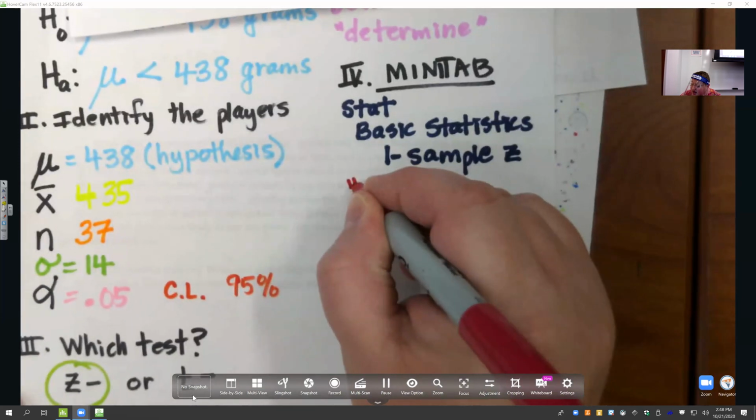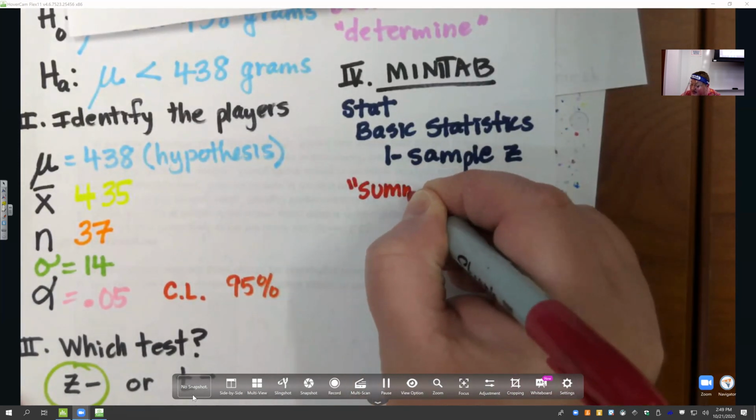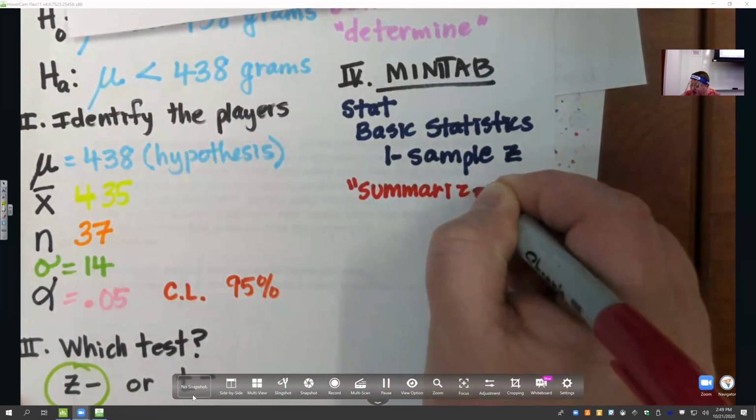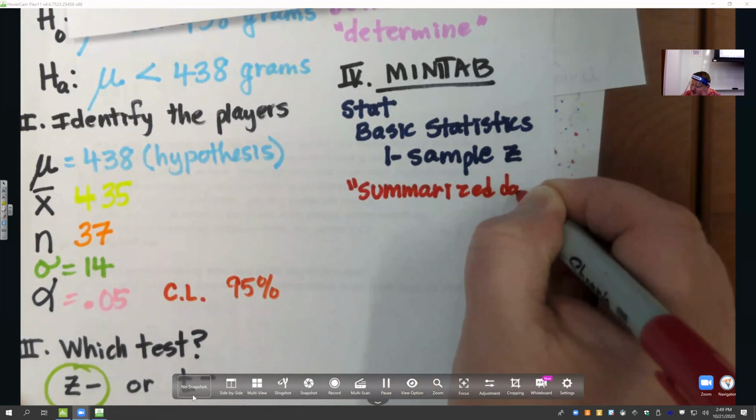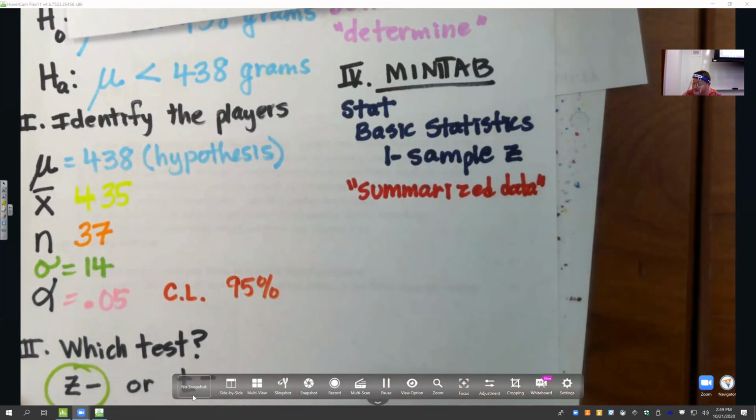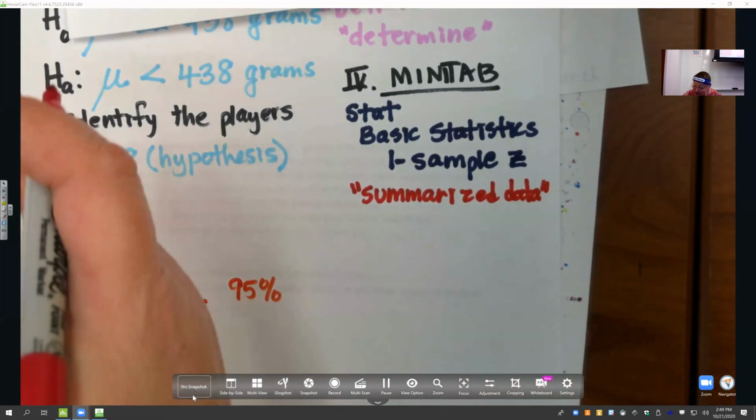Again, we're using summarized data. So we use the drop-down box and change my option to summarized data because I don't have a list. All I have is my mean and all that stuff.